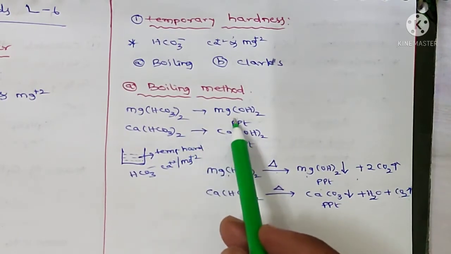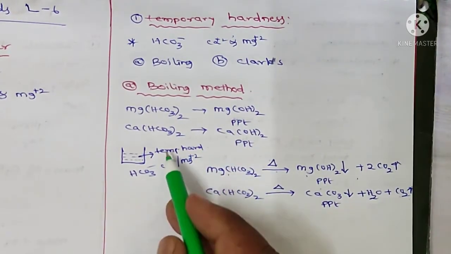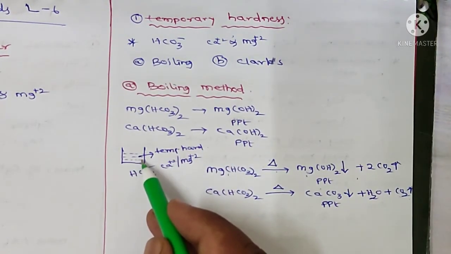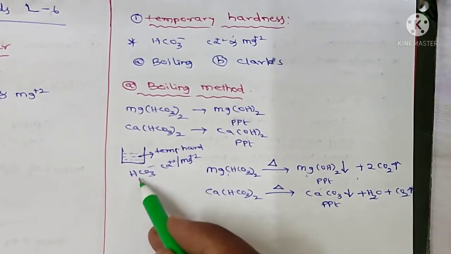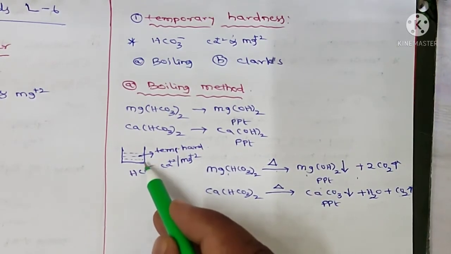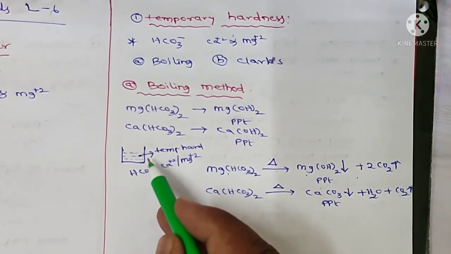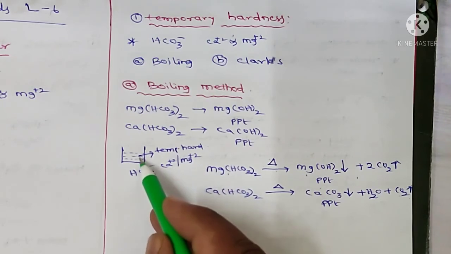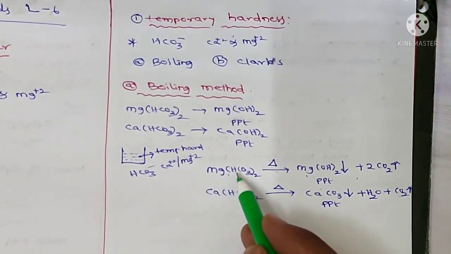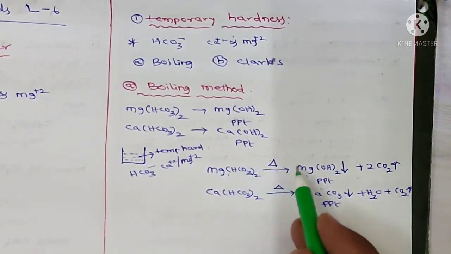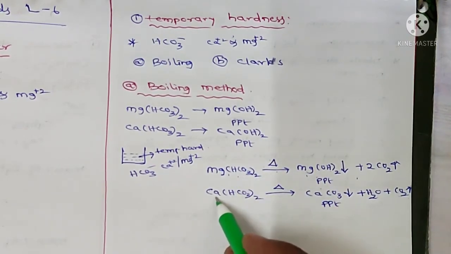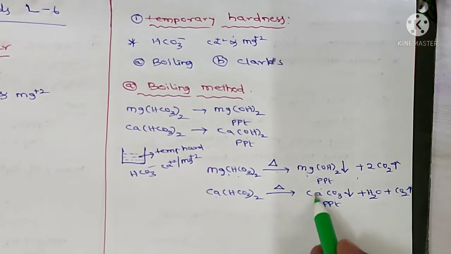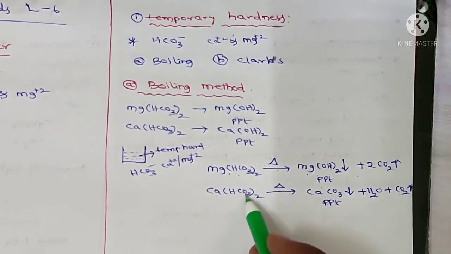So here in this boiling method, what is happening? I'm taking a temporary hard water. In that water we have calcium bicarbonates or magnesium bicarbonates. So here I am going to boil that water. What happens? That magnesium bicarbonate will give magnesium hydroxide PPT, and the calcium bicarbonate will give the calcium carbonate PPT.